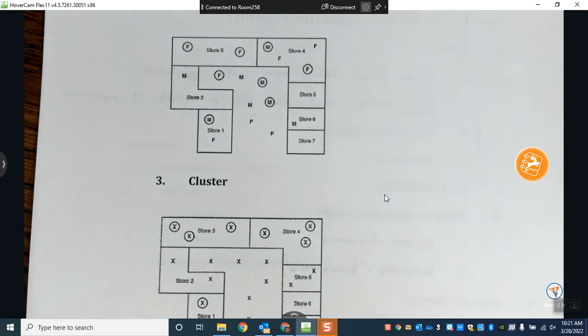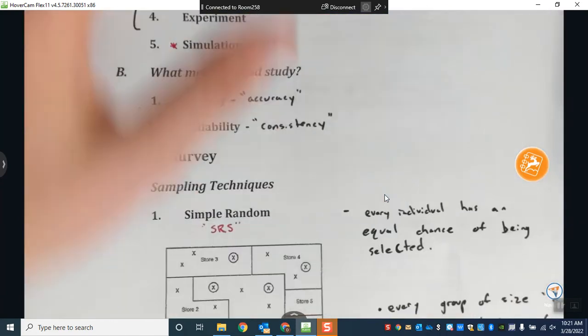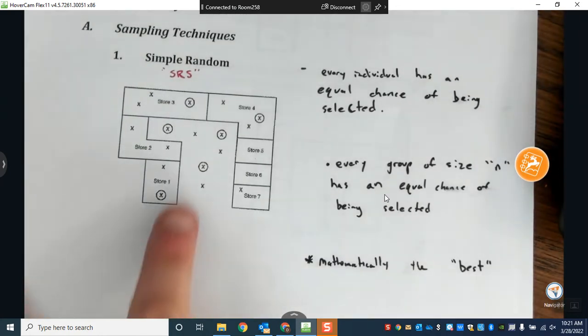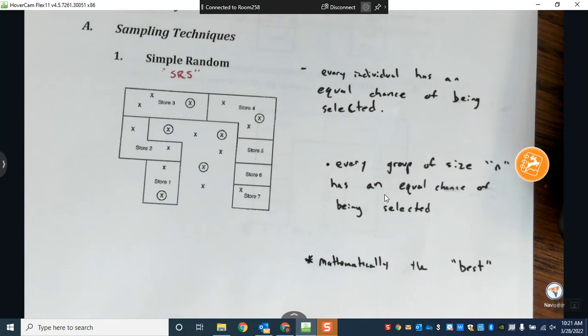If she were to do a simple random sample, she opens herself up to, just by bad luck, getting too many of one type versus the other. So it's possible that she could end up with 6 guys in her survey, or 6 women in her survey. That's possible. And if that were to happen, she would be overrepresenting one opinion versus the other.